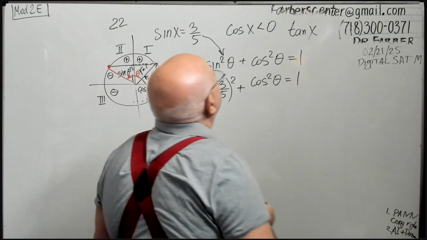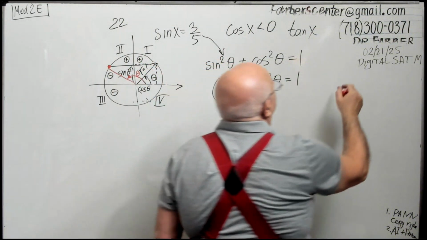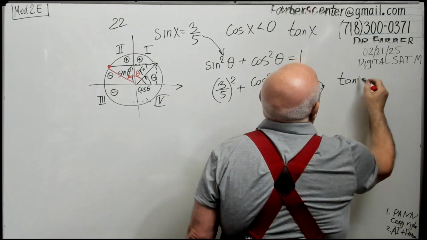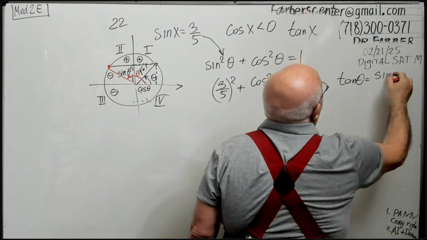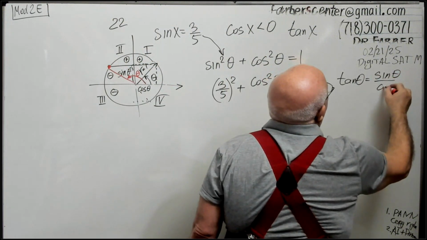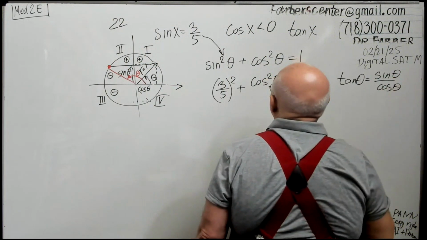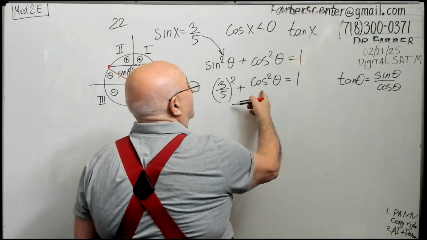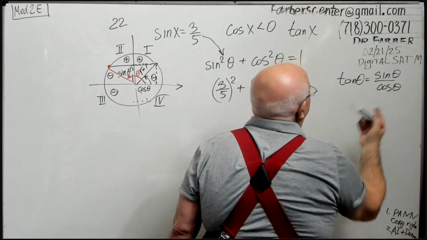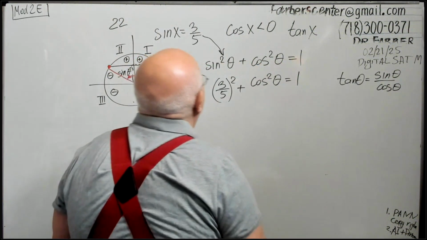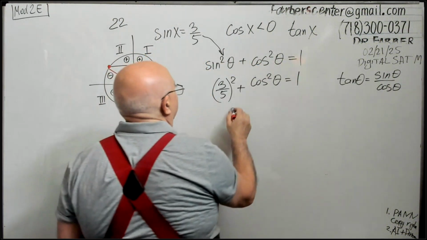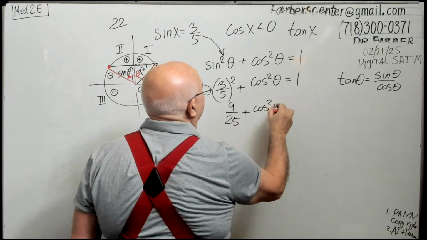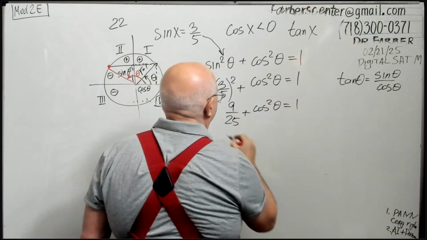One of my targets is how to find tangent. Tangent, by definition, of theta equals sine of theta divided by cosine of theta. Since I have sine of theta, if I find cosine of theta, I plug in here and instantly get the answer. So 9/25 plus cosine squared theta equals 1.